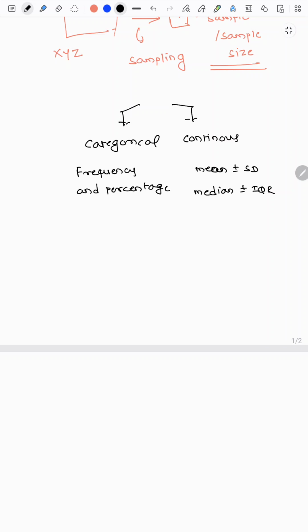Now for calculating sample size, we have some prerequisites. One of the prerequisites is that we should have a thorough ROL, review of literature, before we proceed to sample size calculation. We should have an expected proportion, or expected mean or standard deviation, available from previous studies.